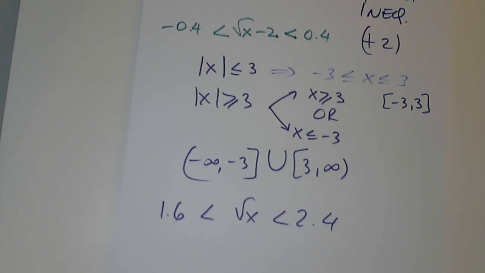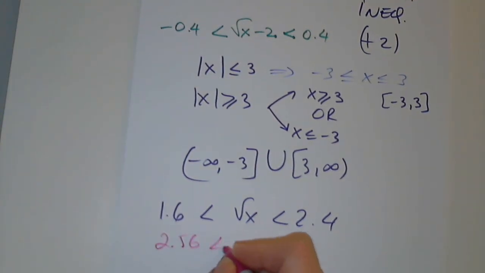The square root of x is a number between two positive numbers. So then I'm allowed to square. So when I square this, what do I get? Some people are lazy tonight, which is me. I'm talking about me. 2.56, yes, less than x, less than, and 2.4 squared, 5.76.